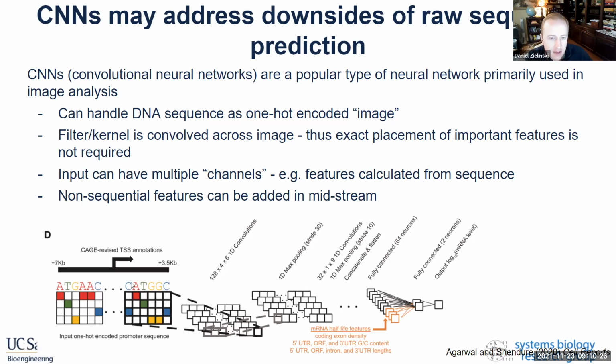So if you're not familiar with the way a convolutional neural network works, it literally convolves your sequence into these features that then get learned and mapped onto a simpler representation. And so this can inherently collapse your sequence into fewer variables. And you can also feed in other channels, other features that you want to feed in.